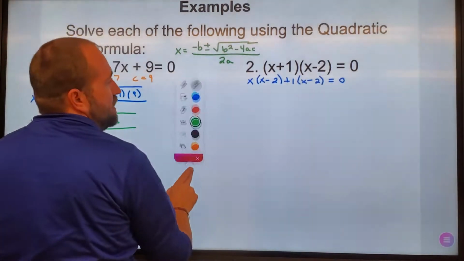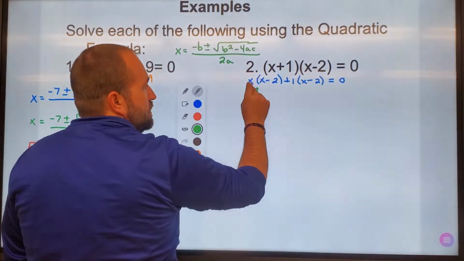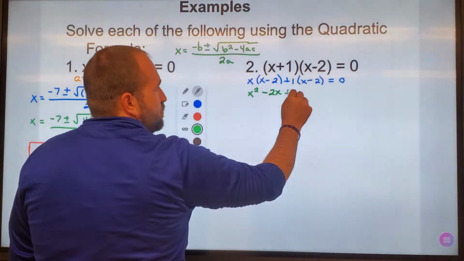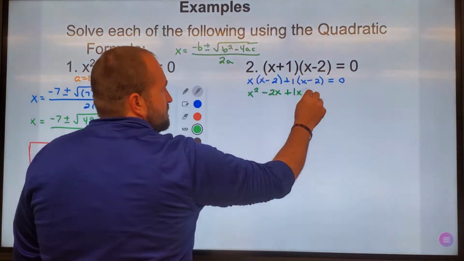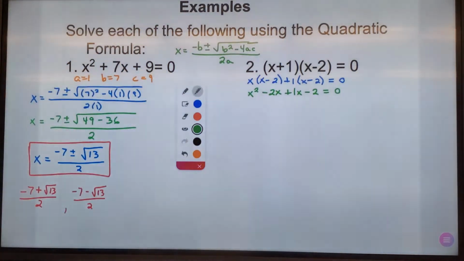And again, I'll alternate colors so we can see. x times x is x squared. x times negative 2 is negative 2x. 1 times x is 1x. And 1 times negative 2 is negative 2. Equals 0.